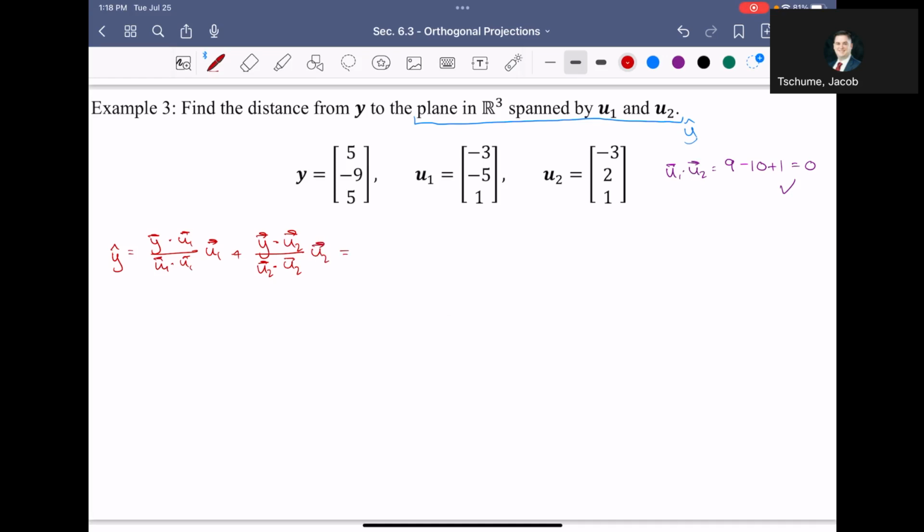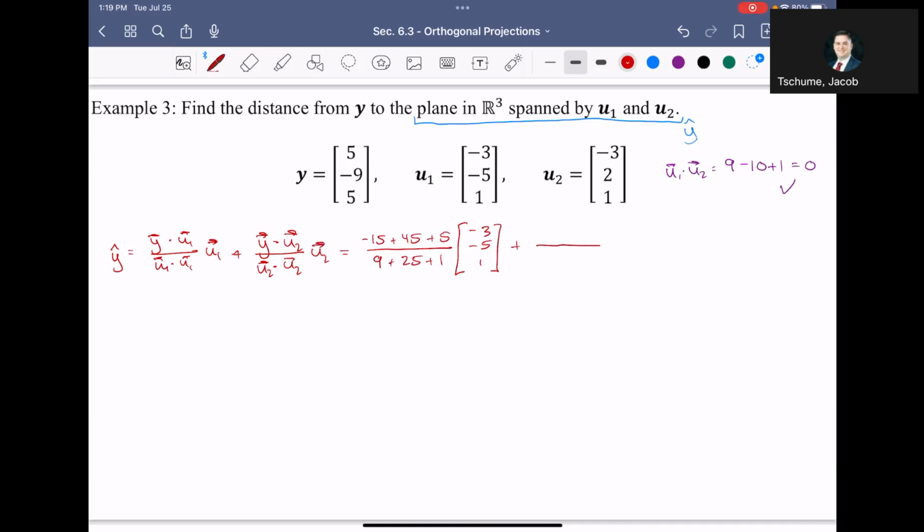So computing my inner products here, if I dot y in u1, that's going to be negative 15 plus 45 plus 5 divided by u1 dotted with itself is 9 plus 25 plus 1 times u1. Oops, sorry, I forgot the 3.